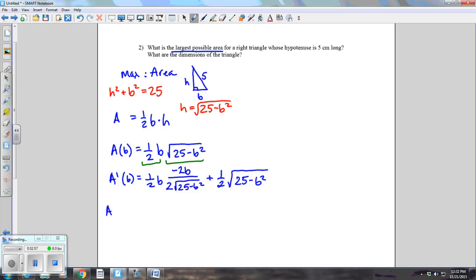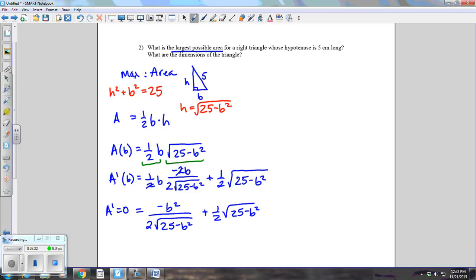We know that we're supposed to try to get our derivative equal to 0. So as I rewrite this, I'm going to clean it up a little bit, and I can reduce a pair of those 2's, so I have -b squared over 2 root 25 minus b squared plus 1/2 root 25 minus b squared.